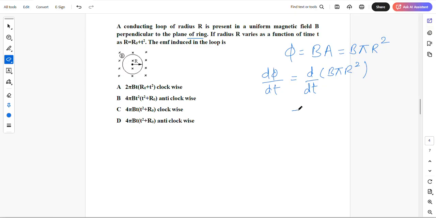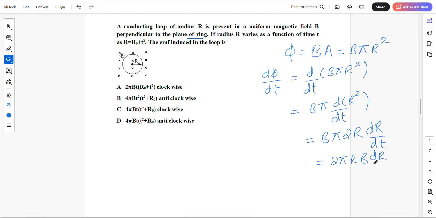B and pi are constant, so you can take them out, leaving d by dt of r square. What is the differentiation of r square? It is 2r into dr by dt. Therefore I can write this as 2 pi r B into dr by dt.